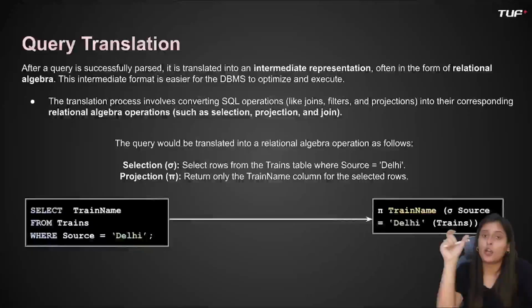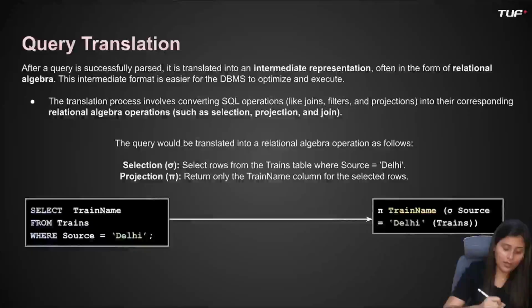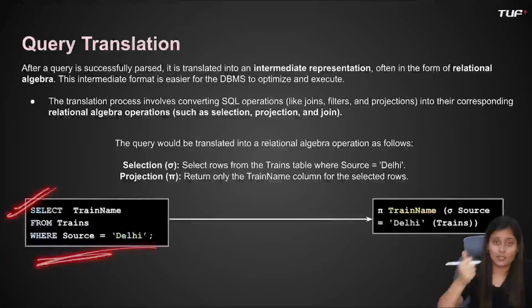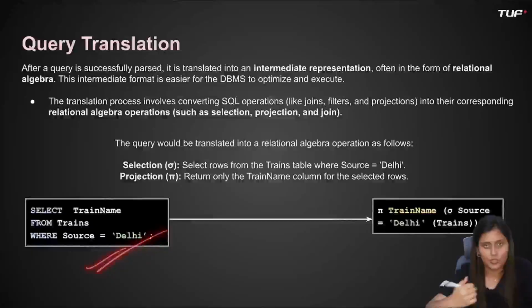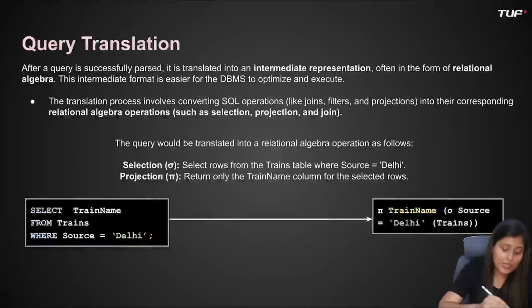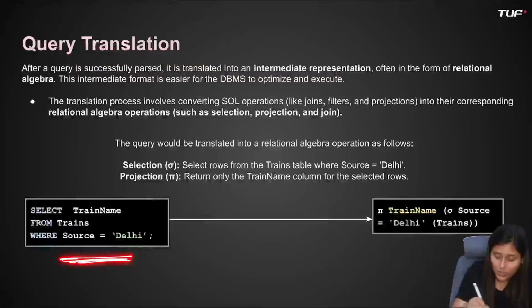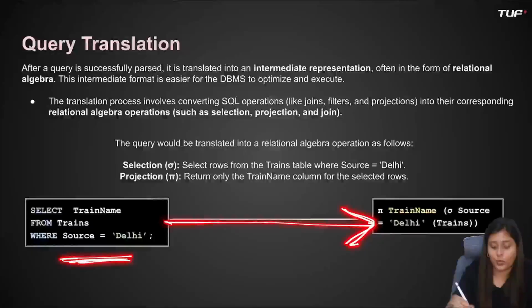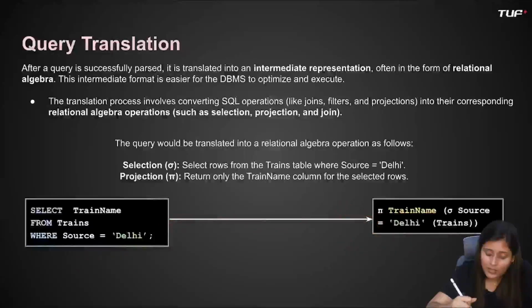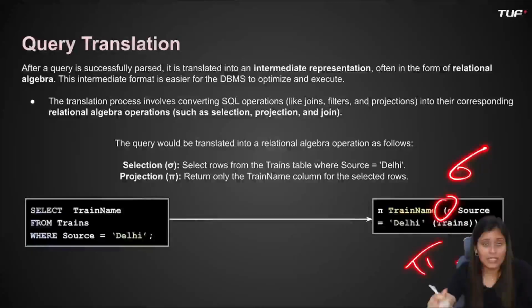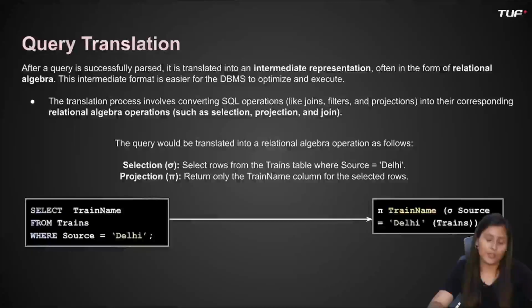But the database engine won't understand this simple basic select query which we write, right? So the translation will convert this simple basic SQL query into a relational algebra query. What each symbol like sigma and pi means, we'll be learning in our upcoming lectures for sure.